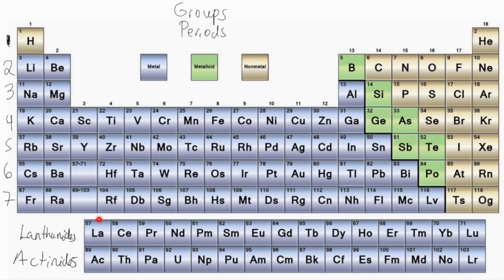Lanthanides are also known as rare earth metals, but this name is misleading because many of them are actually quite abundant. About 52% of these rare earths are in China and 13% are in the USA. They are silvery white and relatively soft metals with high melting points and high boiling points, and they are very reactive, especially with water.